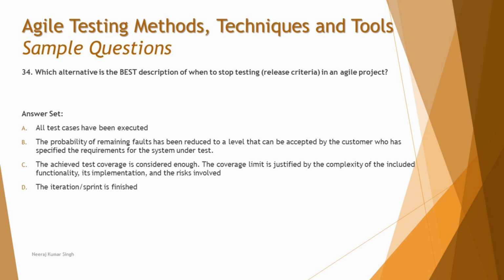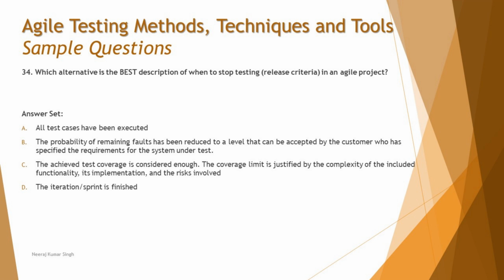C says the achieved test coverage is considered enough. That means the required coverage to be achieved on the system has been agreed, and that agreement has been achieved. The coverage limit is justified by the complexity of the included functionality, its implementation, and the risk involved. Now look at the three parameters the coverage includes.